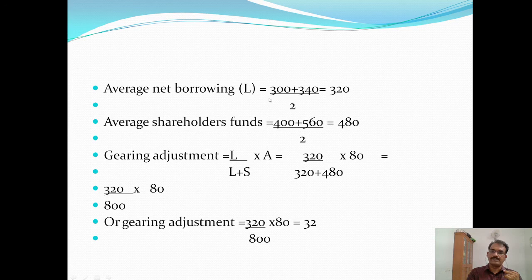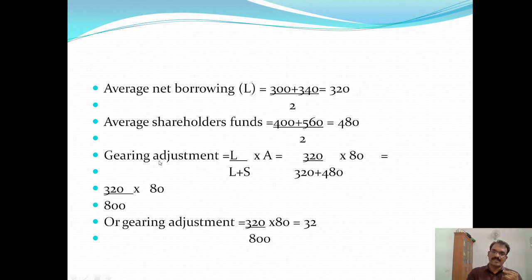That is L. Average shareholders funds, or S, is equal to opening shareholders funds 400 plus closing shareholders funds 560, divided by 2, is equal to 480.